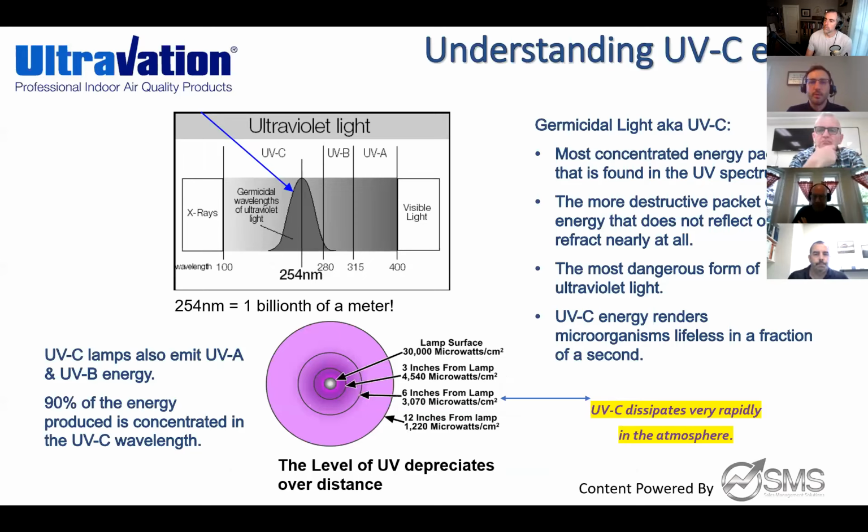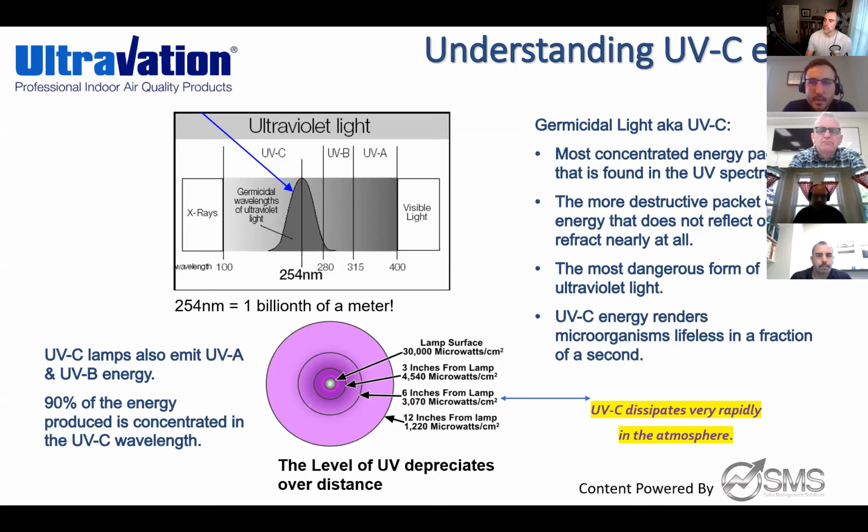So first we are going to understand UVC energy, and first we're going to look at the ultraviolet light and what that looks like on the UV spectrum there. It is the most concentrated energy packet that is found on the UV spectrum. You see it in conjunction with UVB and UVA.